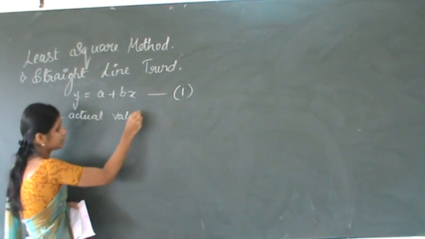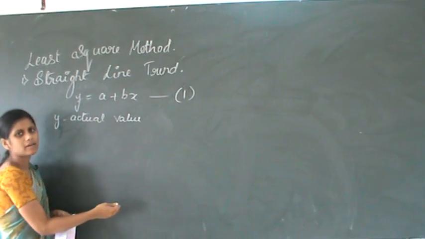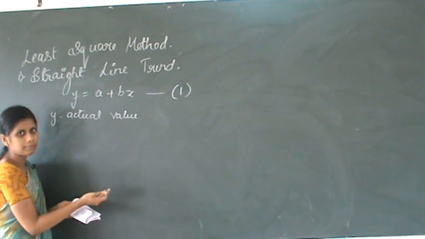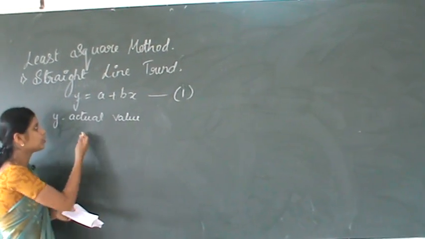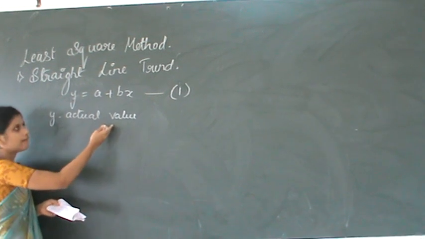For example, time points will be given, then sales, or production, or any other values given for a certain time period. That value we consider as y.